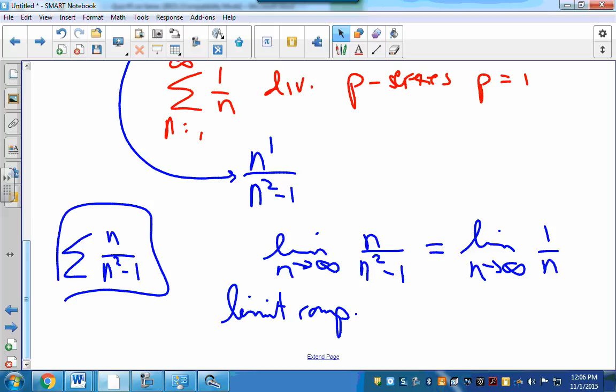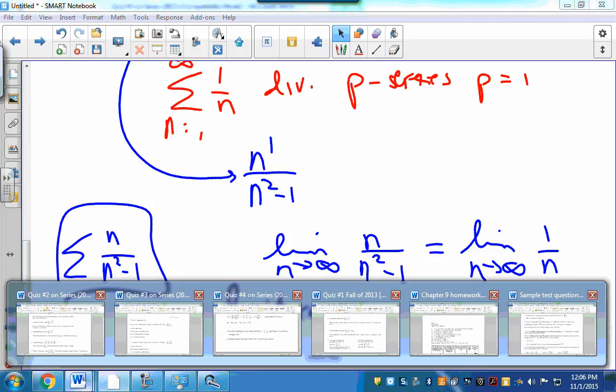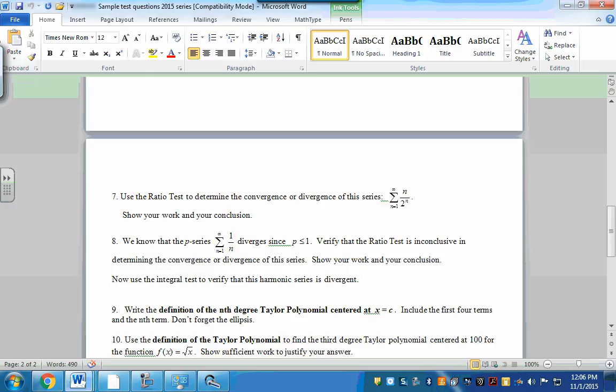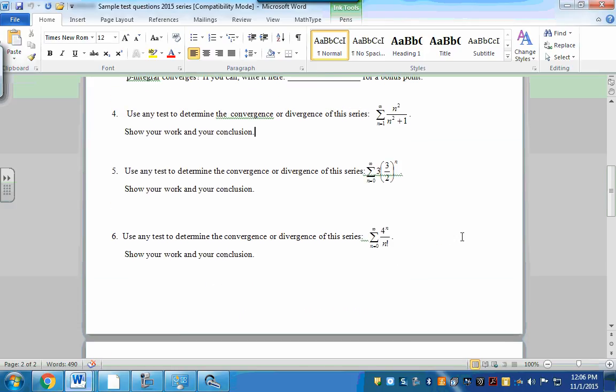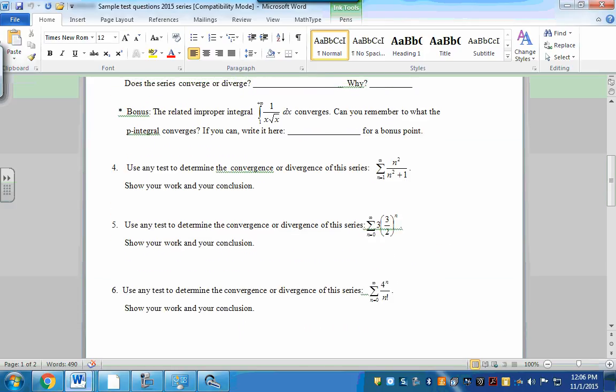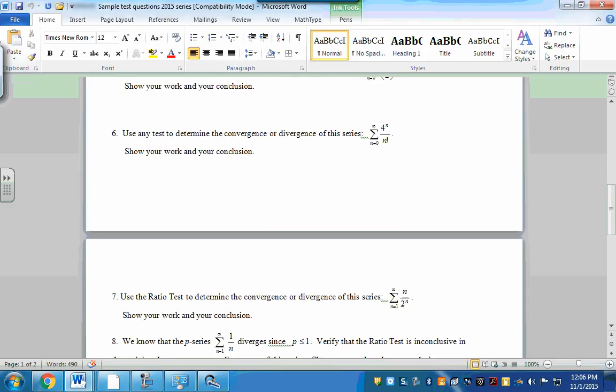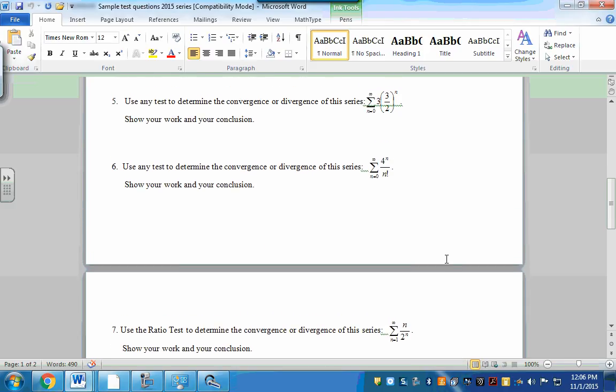Okay, back to the sample test for a sec. We were talking about a series that had some factorials in it. If you look at question number 6, use any test to determine convergence of this particular series, where you've got 4 to the n and n factorial.